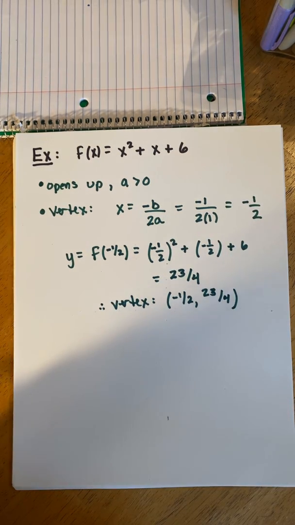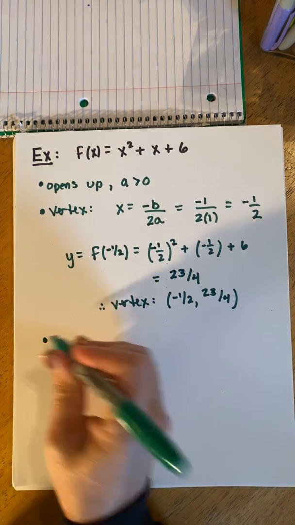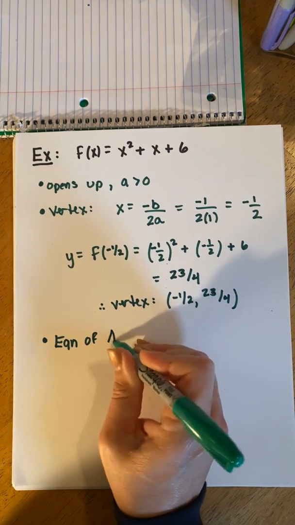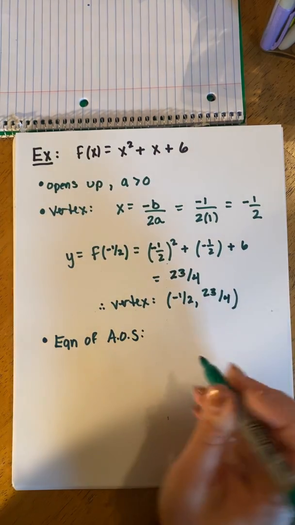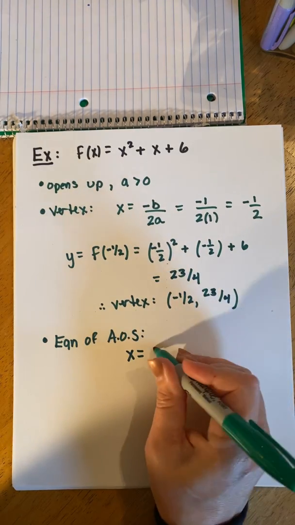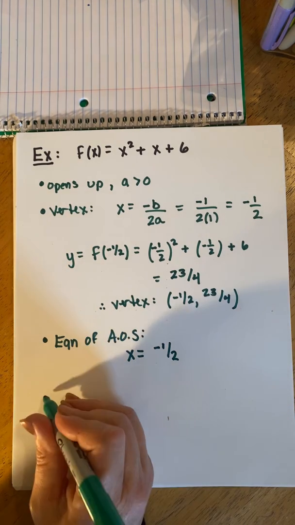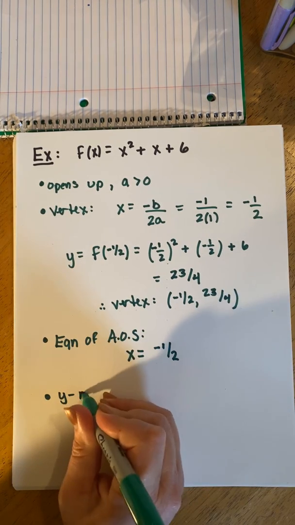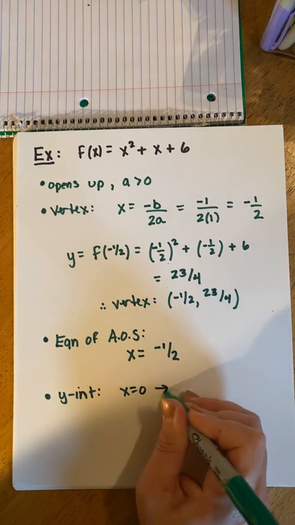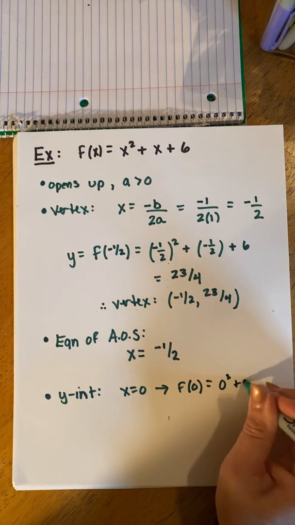All right, once we know the vertex, we know the equation of the axis of symmetry. So remember, the equation of the axis of symmetry is always x equals, and then the x-coordinate of the vertex. The y-intercept, we let x equal 0, and if x equals 0, the function evaluated at 0 is 0 squared plus 0 plus 6.